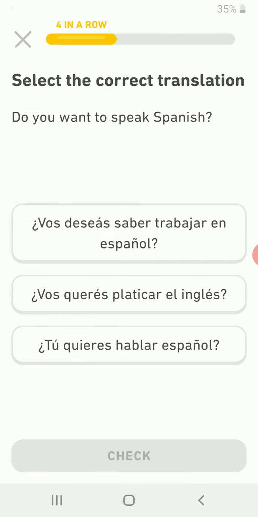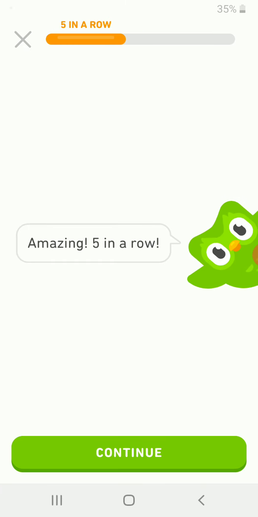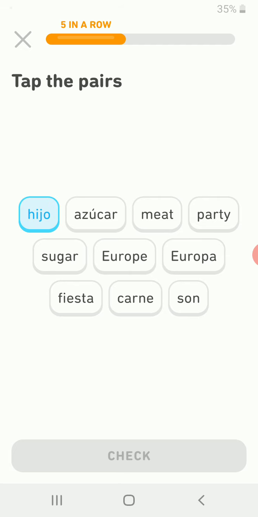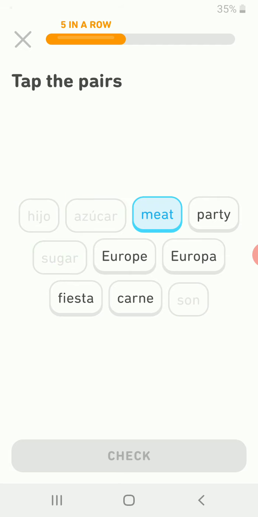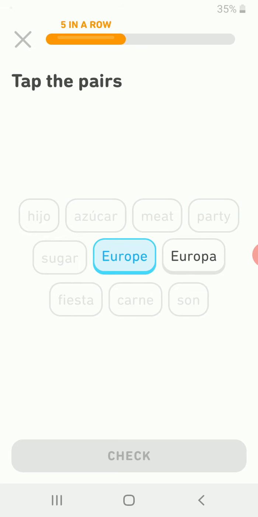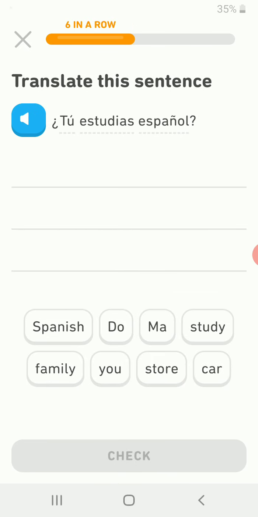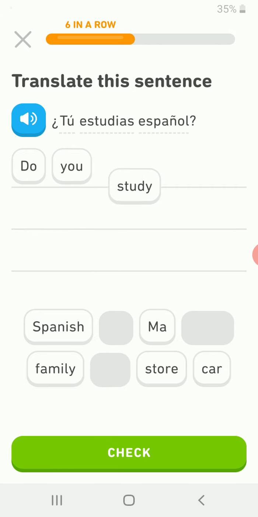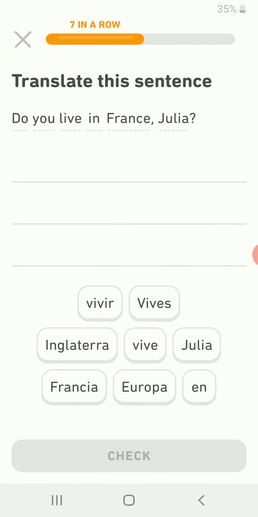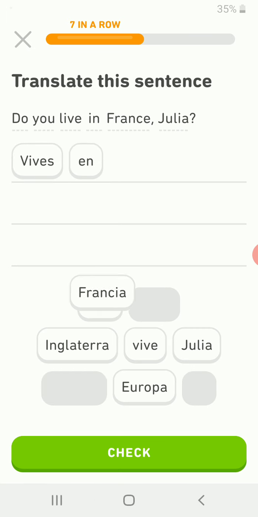Do you want to speak Spanish? ¿Tú quieres hablar español? This is a question. Hijo is son. Azúcar is sugar. Meat is carne. Fiesta is party. This is Europe, Europa. ¿Tú estudias español? Do you study Spanish? And do you live in France? ¿Vives en Francia?